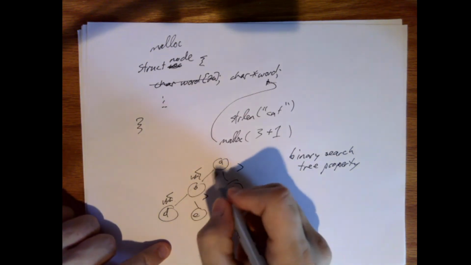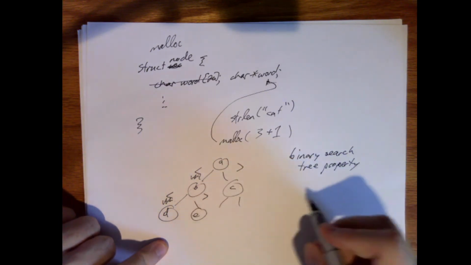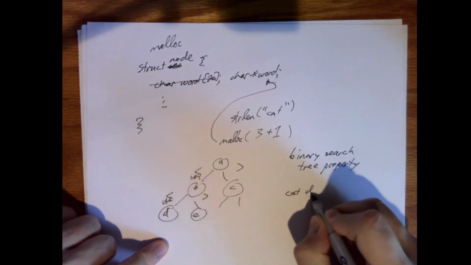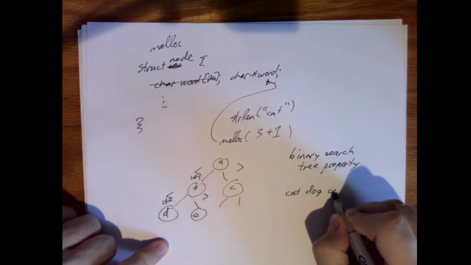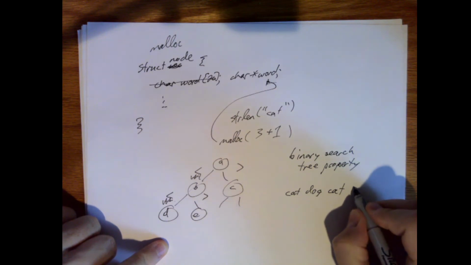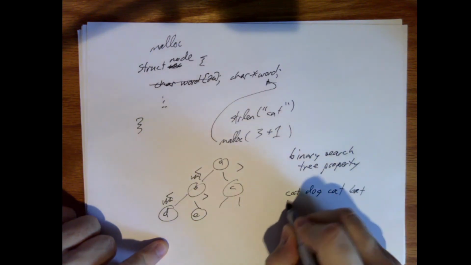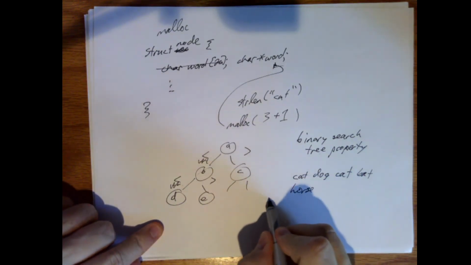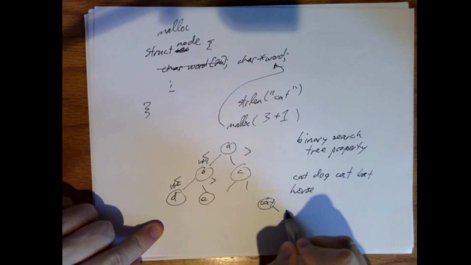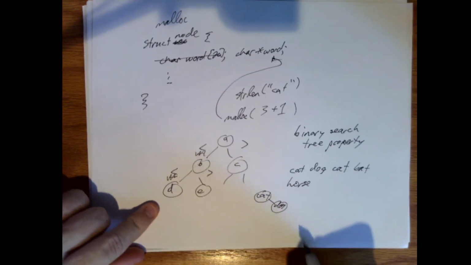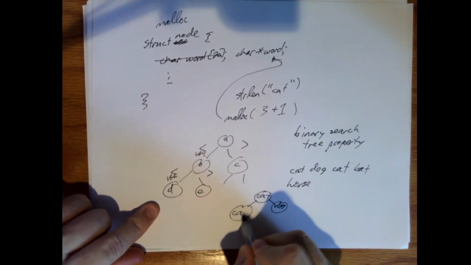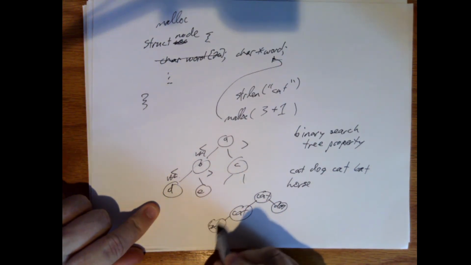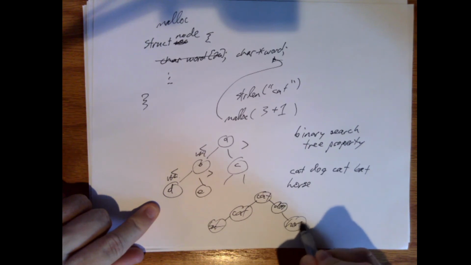because I don't want to store duplicates. So if I actually had, like what we had before, cat, dog, cat, bat, horse, if I still had the equals, then what I would get would be this: cat, dog, cat would come over here if I have equals, bat would be over here, horse would be over here.